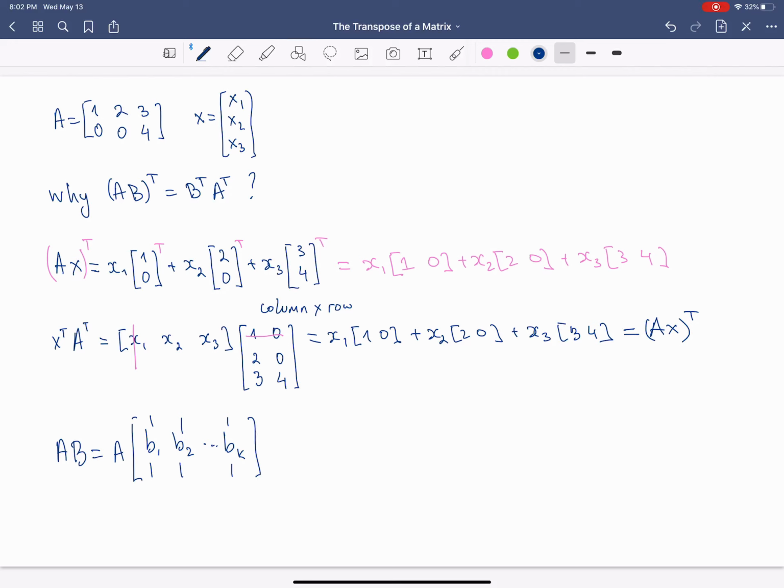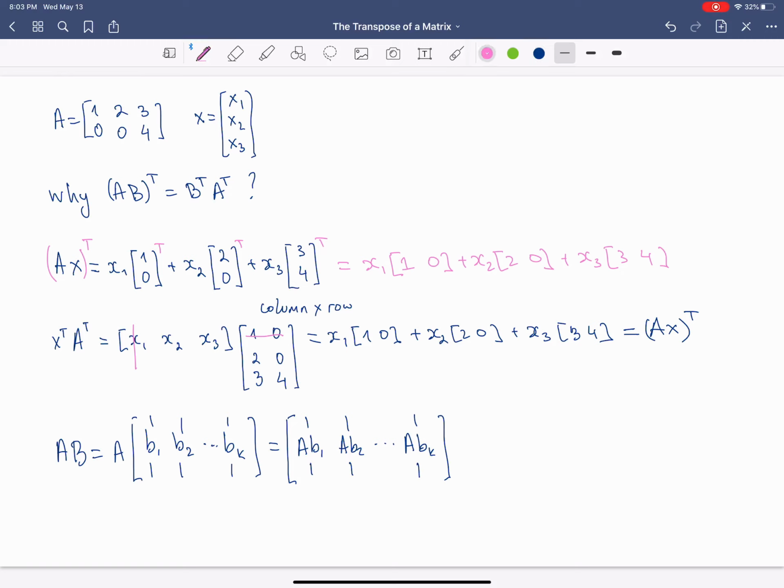Well, this gives us the matrix with first column AB1. Remember, a matrix times a column is equal to a column. So AB1 is a column. AB2 is another column, all the way to ABK.